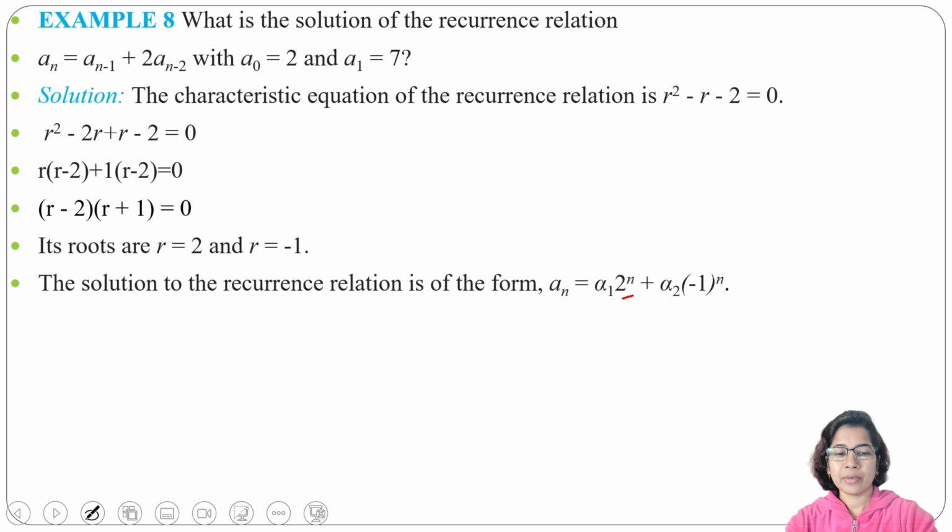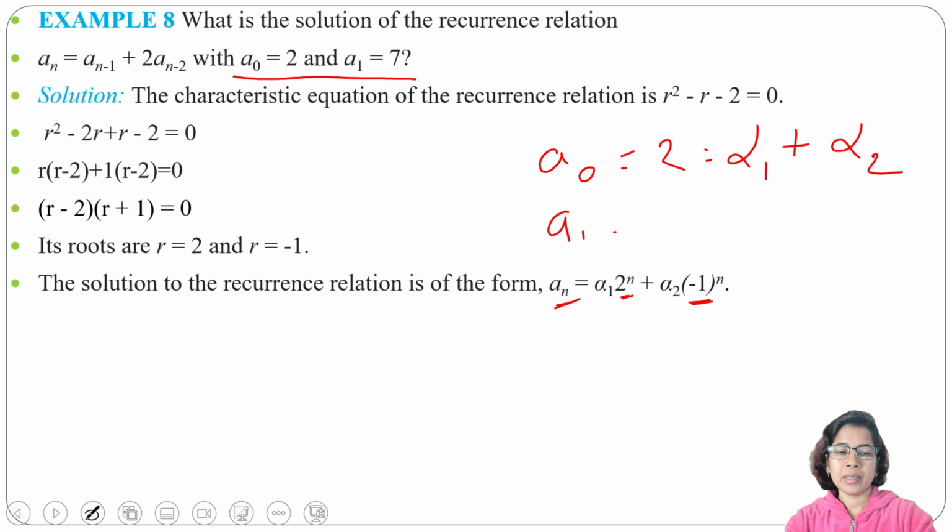Okay, in place of r1 we can write 2, and in place of r2 we can write minus 1. So an equals to alpha 1 2 power n plus alpha 2 minus 1 power n, and we have the initial condition a0 equals to 2, a1 equals to 7. So what we'll do, in place of this n we can write 0. a0 that equals to 2 equals to alpha 1, in place of 2 power n, 2 power 0, 2 power 0 is 1 plus alpha 2 minus 1 power 0, it is simply alpha 2.